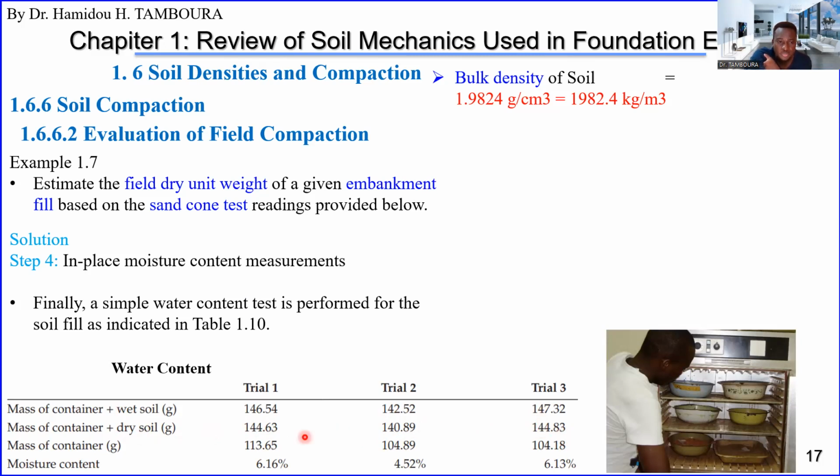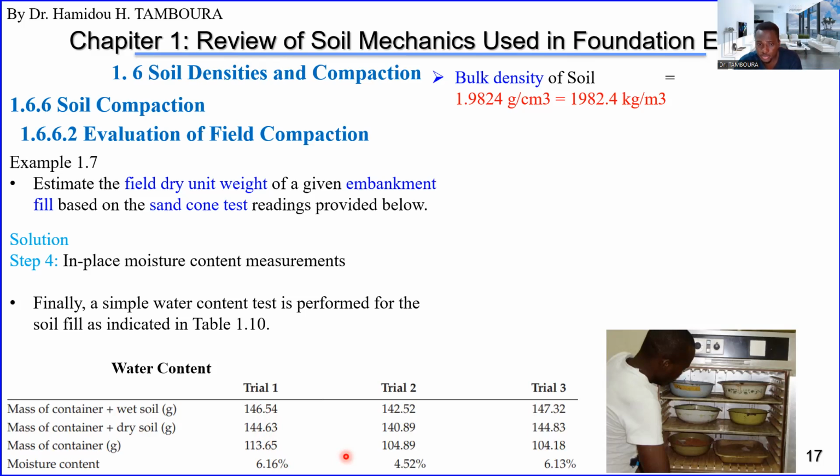Then you know the mass of the container, right? The mass of the container is easy to obtain because it is an empty container. You just do the wet weight minus dry weight, and you will obtain the mass of the water that was in this soil.